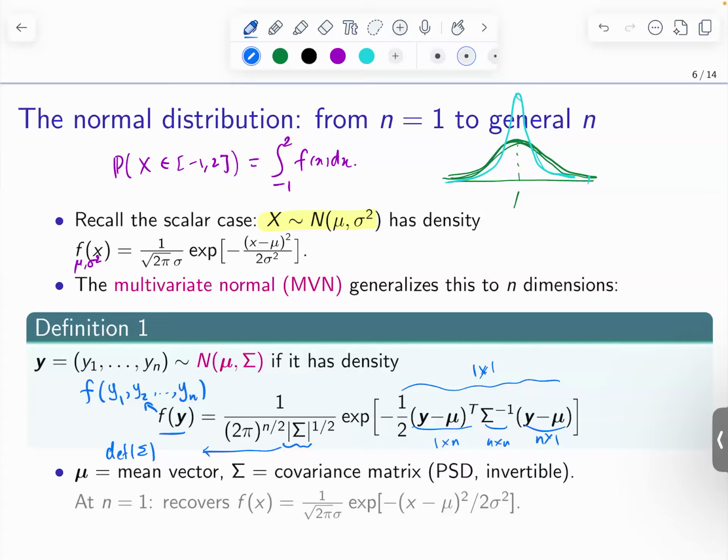if you want, in the n equal to 2 case, you would write sigma as sigma 1 squared, sigma 2 squared, and then rho sigma 1 sigma 2 as the covariance. So rho is the correlation coefficient. And then if you plug this in and invert it and multiply out, you get the form that you probably used, with the square root of 1 minus rho squared in there somewhere.